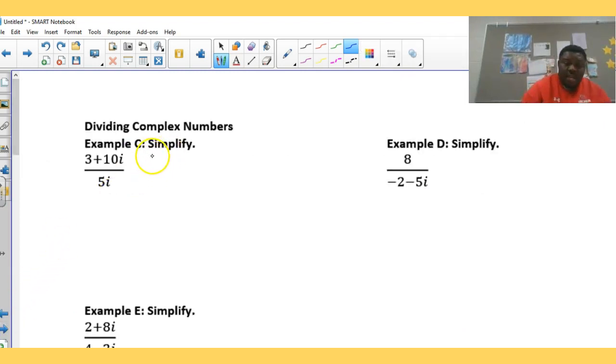Here, for example, C, simplify. So this one, we're gonna start off by first identifying that, look, there's a complex number in the denominator. You cannot have a complex number in the denominator. So what's step one to rationalizing this fraction right here?